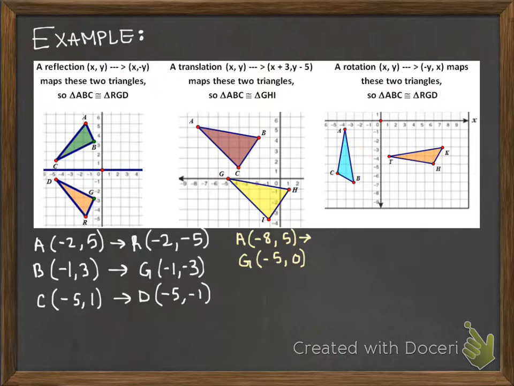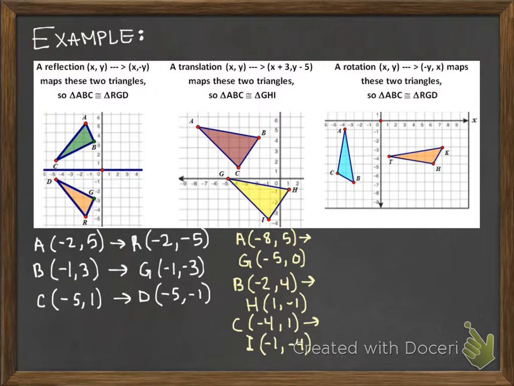We'll see that same pattern when we look at point B, which is at -2, 4, which got shifted to the right 3 and down 5 and became the point H, which is at 1, -1. We added 3 to the x-coordinate and subtracted 5 from the y-coordinate. Likewise, point C, which is at -4, 1, was shifted to the right 3 and down 5, becoming the coordinate I, which is at -1, -4.